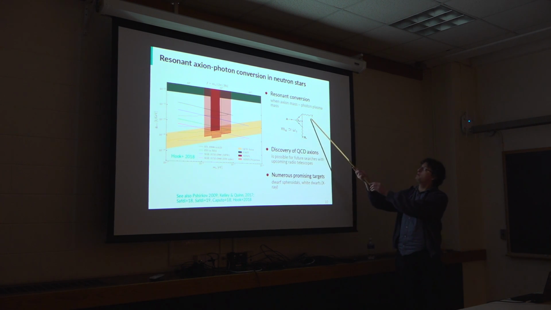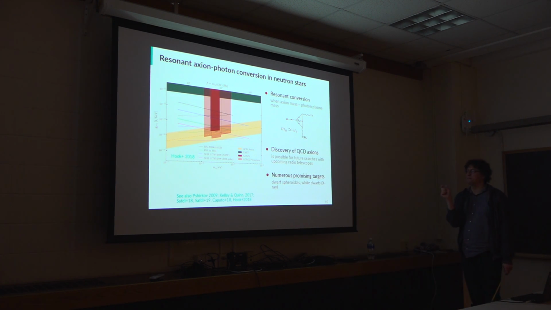So the signal would basically be a radio signal which corresponds exactly to the rest mass energy of the axion, with a tiny width that corresponds to the velocity dispersion of axions in the dark matter halo. So typically we are talking about signals at gigahertz frequencies with kilohertz width.